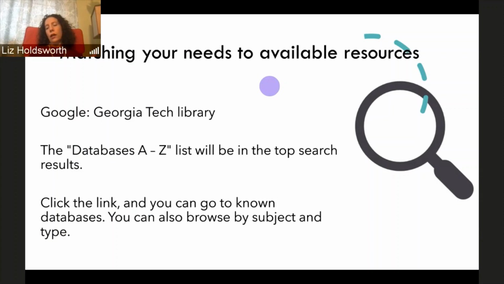We support 430 databases at Georgia Tech because the research interests of our faculty, staff, and students are incredibly broad. Using this list, you can go to databases that you know, or you can browse by database subject and type.